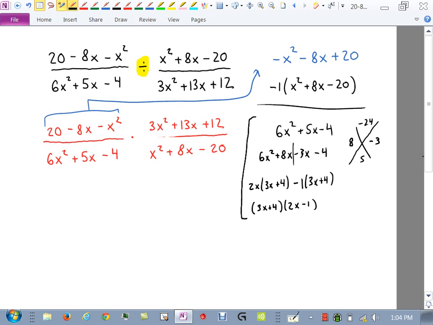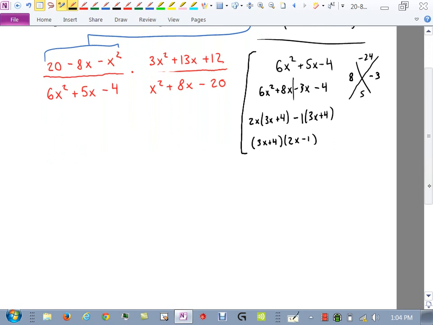And how about the top right? So I'm trying to do 3x squared plus 13x plus 12. So my thing over here looks like 36 and 13. So what did you say? 9 and 4. So 3x squared plus 9x plus 4x plus 12.